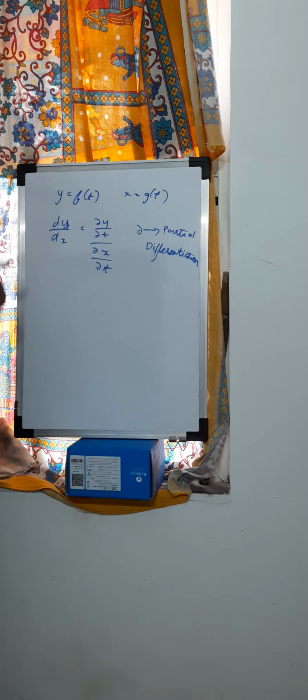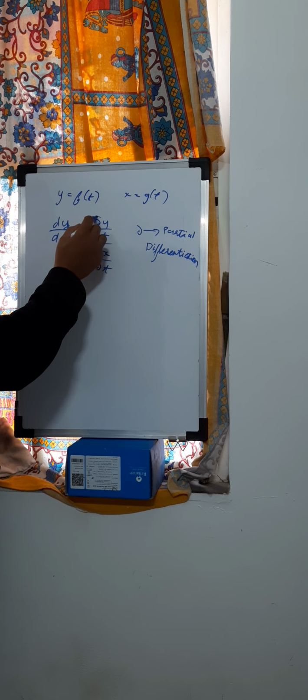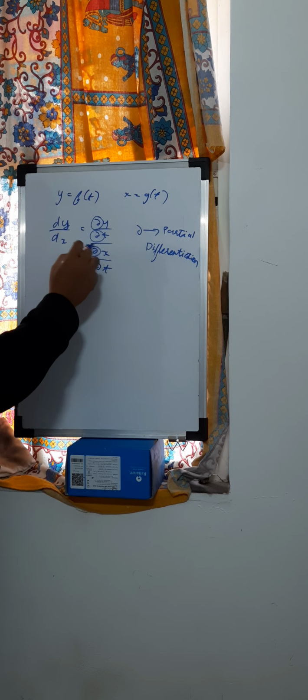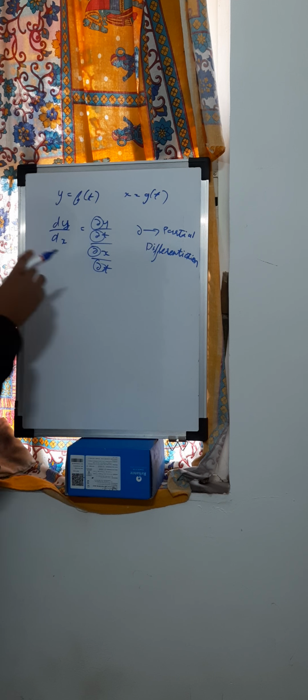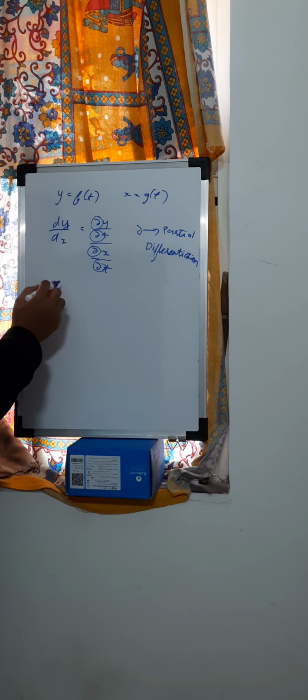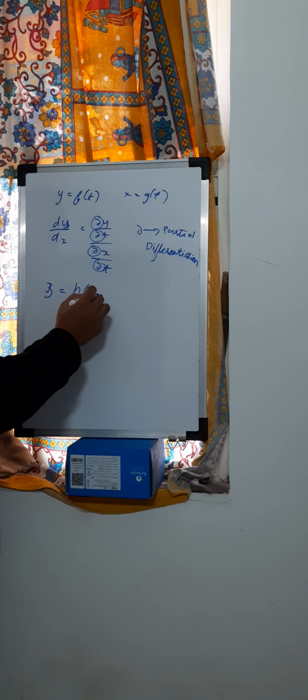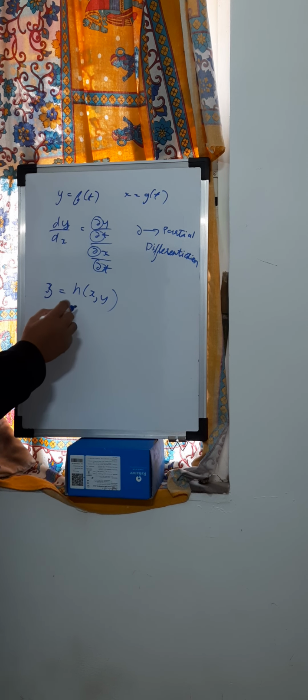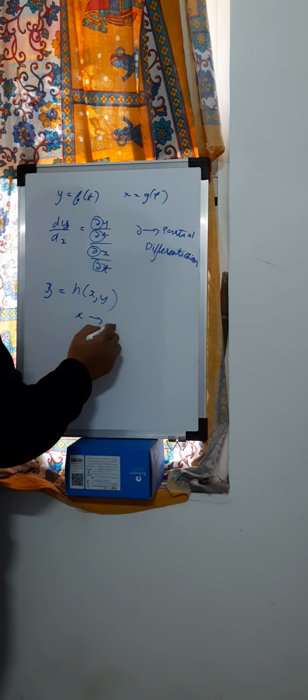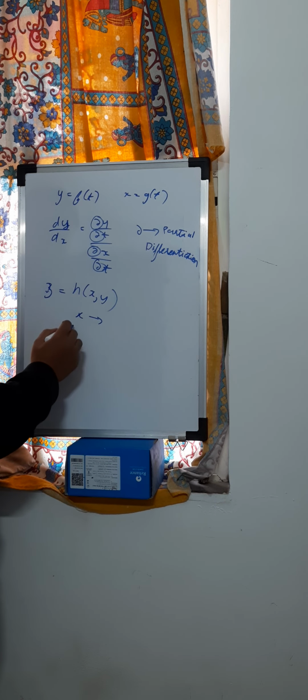Just to correct myself, we are not supposed to use this symbol here as of now. This has a separate engineering application where we have a function z is equal to some h of x comma y, where x is a parametric function q of t and y is a parametric function p of t.